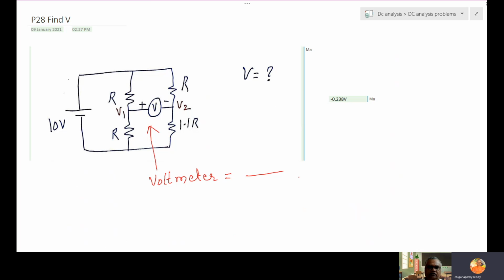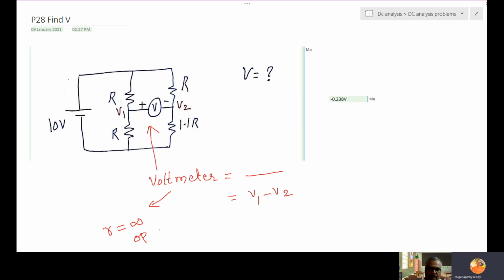Now this V is nothing but V1 minus V2. I told you earlier, ideal voltmeter internal resistance is how much? In source transformation, all these basics were discussed. Ideal voltmeter internal resistance, I am not asking about the source. Voltmeter internal resistance is infinite.